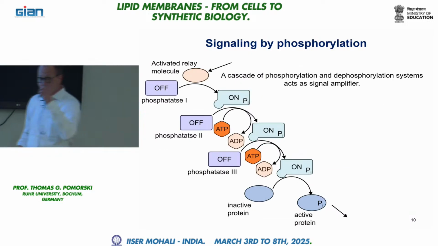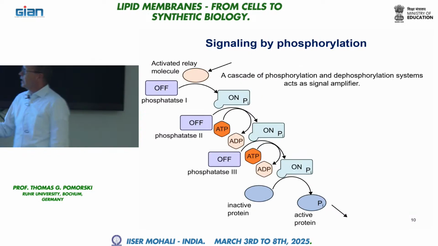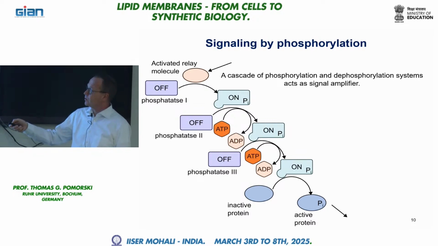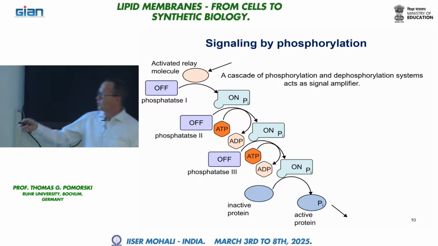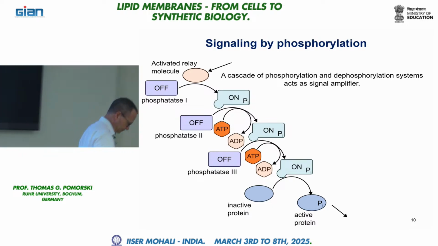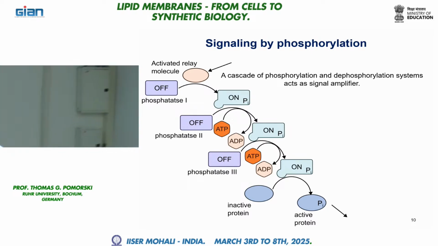Now comes one more thing. These phosphorylation steps can also be coupled. Before I go to this, it's maybe easier to play it out. The point could be the following.